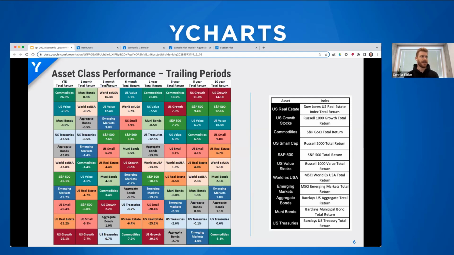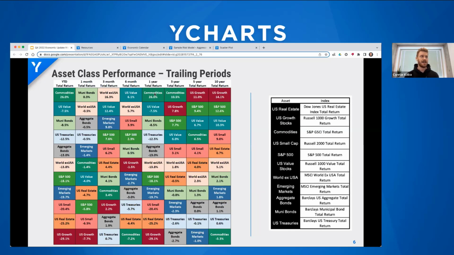Now, looking at the 1 year column, just near the middle of the table here, middle of the quilt, this is representing all of 2022. And commodities finished 26% higher on the year, also being the only asset class on our quilt to notch a positive return in 2022. Another super interesting point here is related to US growth stocks.